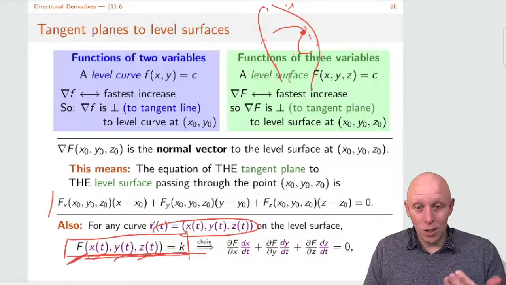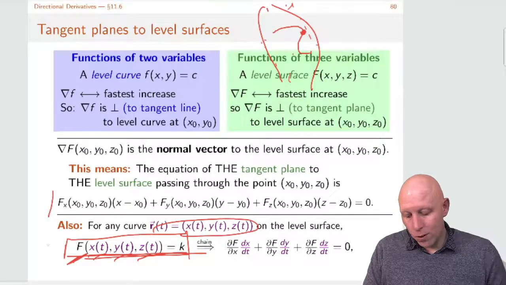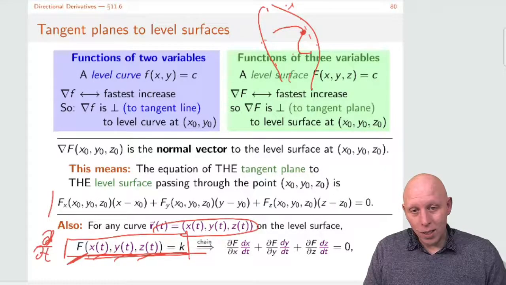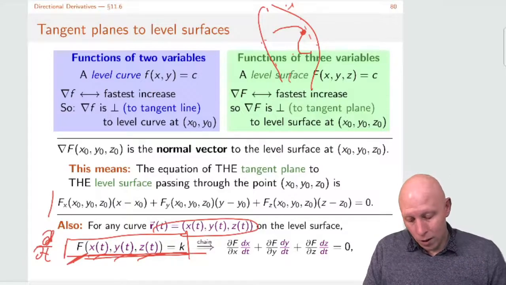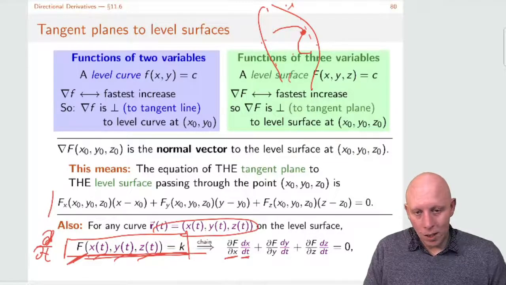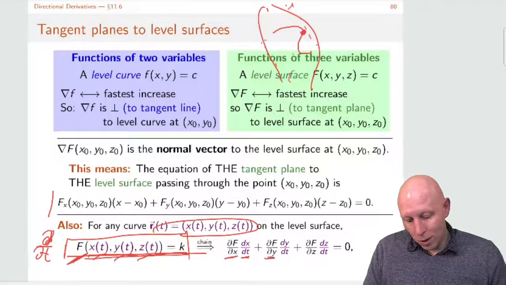And the reason why that's good is because when we take the derivative with respect to t of both sides and use the chain rule, then we get that the partial derivative of f with respect to x times dx/dt plus the partial derivative with respect to y times dy/dt plus the partial derivative of f with respect to z times dz/dt is equal to 0.